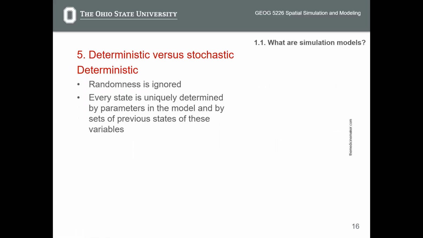And we also have deterministic versus stochastic or random models. For deterministic models, randomness is ignored, which means that if you give me a specific input, I give you a fixed output, no randomness. Every state is uniquely determined by parameters in the model and by sets of previous states of these variables. So here is an example. This is the model.